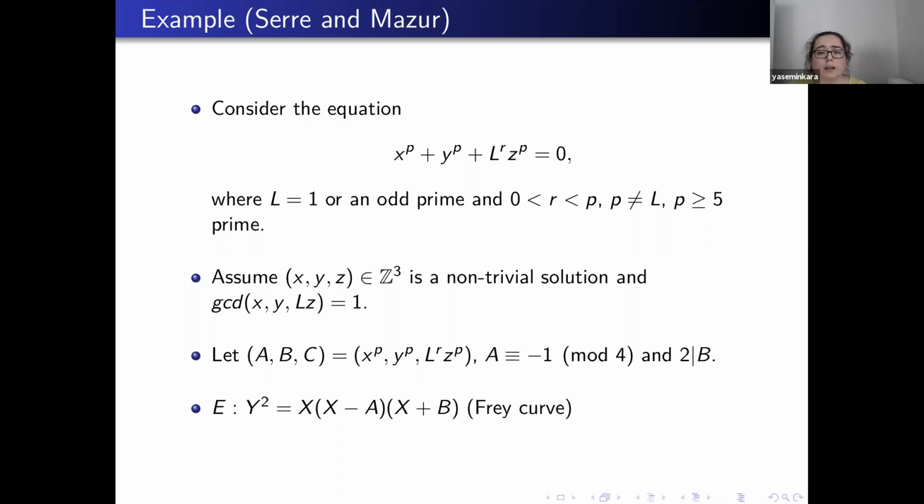Instead of writing x to the p, y to the p, l to the r, z to the p each time, let's give them names, and let's call them capital A, B, C. And you can actually assume that A is congruent to -1 mod 4 and 2 divides B. This is also done in the proof of Fermat's last theorem over Q, the same trick. And then you attach this Frey curve.